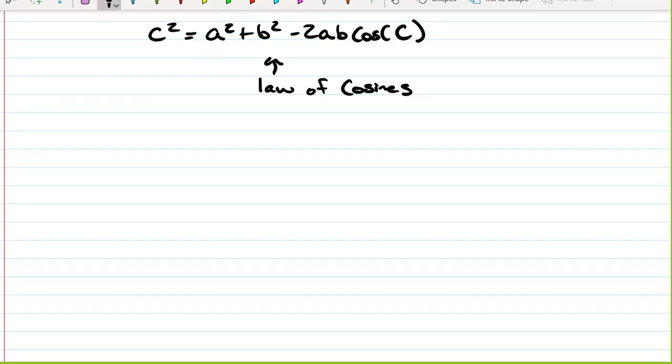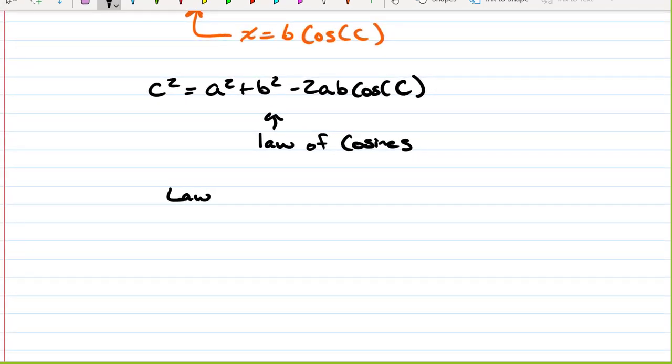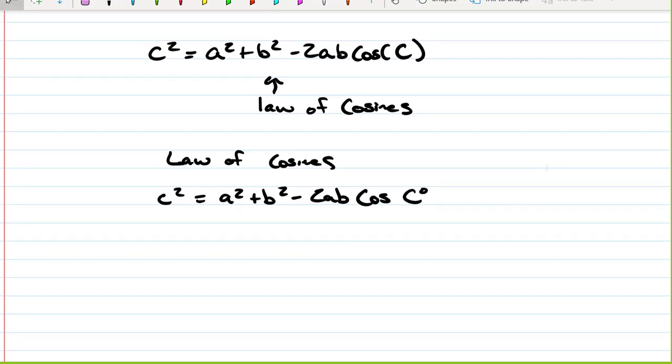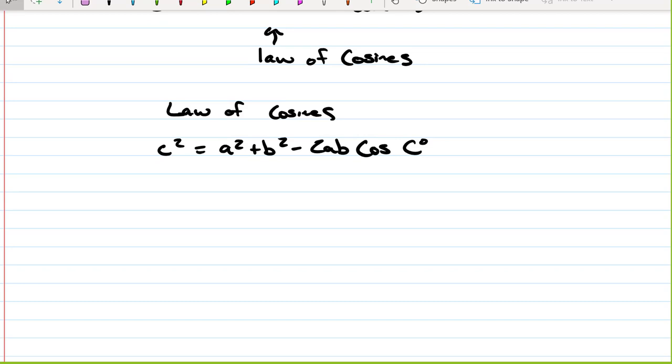So the law of cosines has 3 equivalent forms. It has the version we just wrote down, c squared equals a squared plus b squared minus 2ab cosine of angle C. And I'm going to put the degree sign on there to indicate that it's an angle.